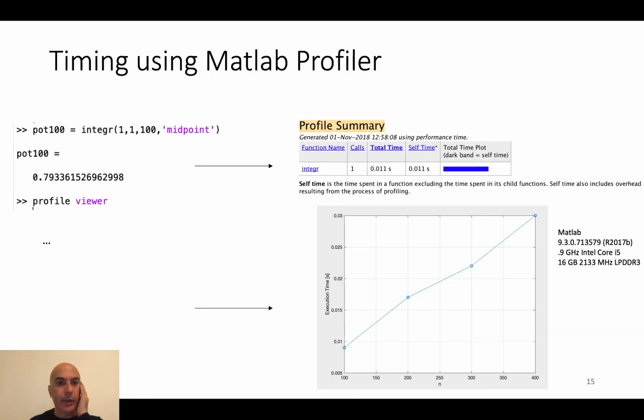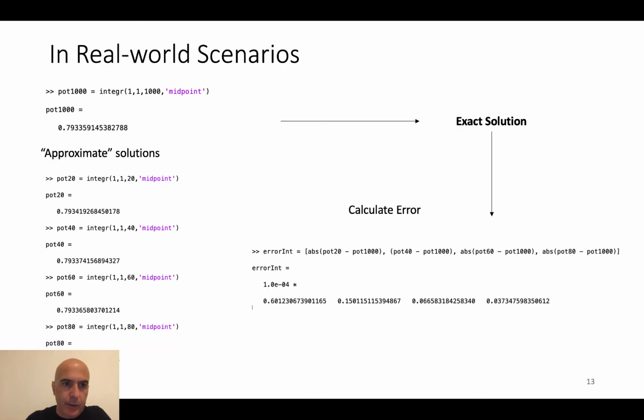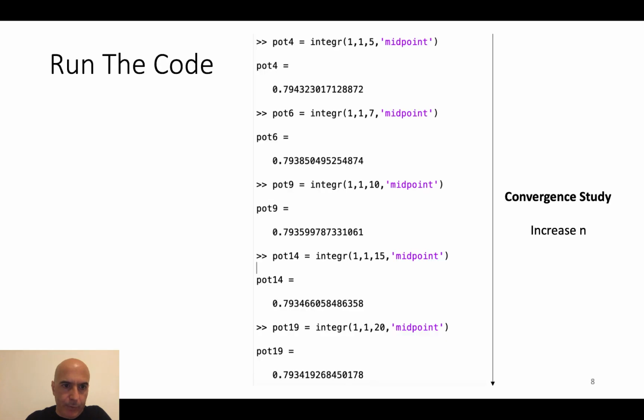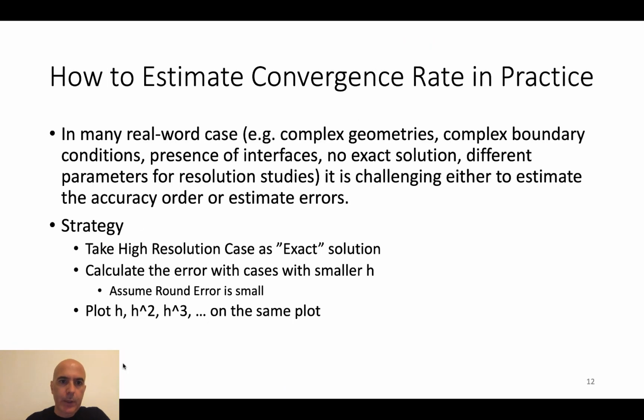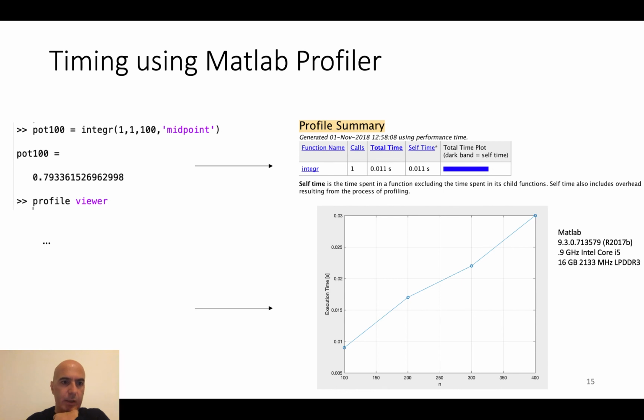One interesting part is how to calculate complexity and the number of operations. There is a very empirical way to calculate the number of operations, that is to look at computational time. What we can do is use this profiling information here. We can start our profile, so profile on and then profile off in our MATLAB code. Then we can use the profile viewer command that will tell us how much time has been spent.